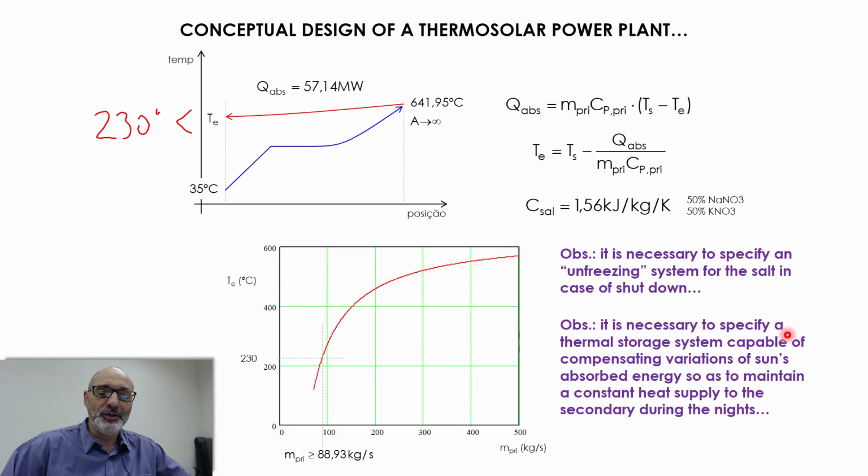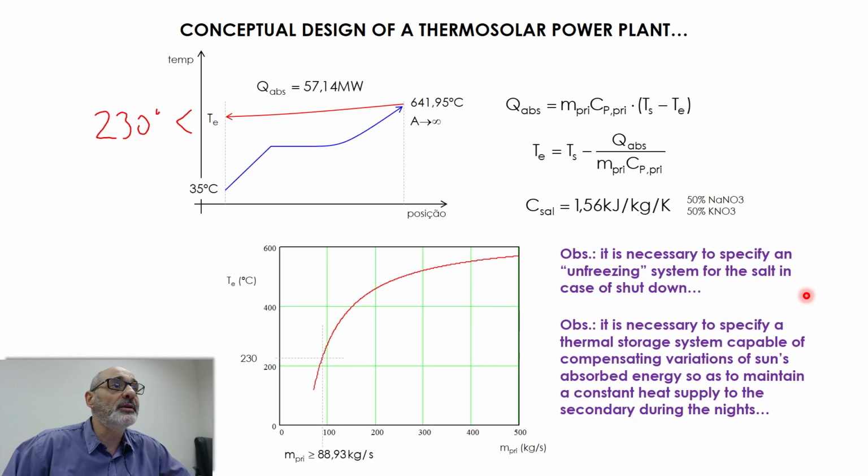Another observation is that it is necessary to specify a thermal storage system, okay, capable of compensating variations of the sun's absorbed energy because of clouds, of dust, for instance, okay? So as to maintain a constant heat supply to the secondary during nights or during rainy days, okay?